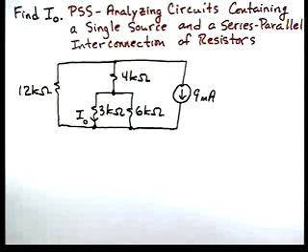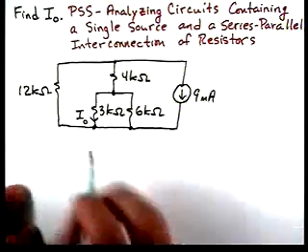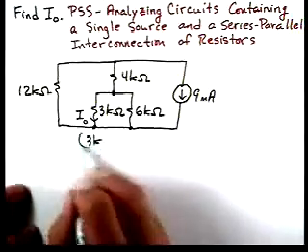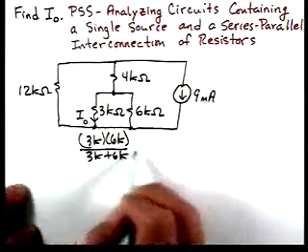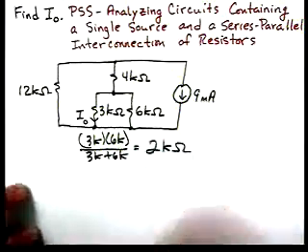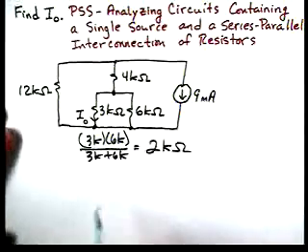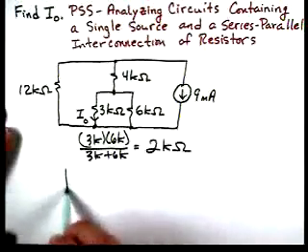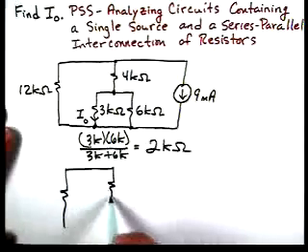Okay, if we start working on that, we'll notice, for instance, that the 3K and the 6K resistors are in parallel. That parallel combination is 3K times 6K over 3K plus 6K, which is 2 kiloohms. So now let's redraw our circuit with those two resistors combined.